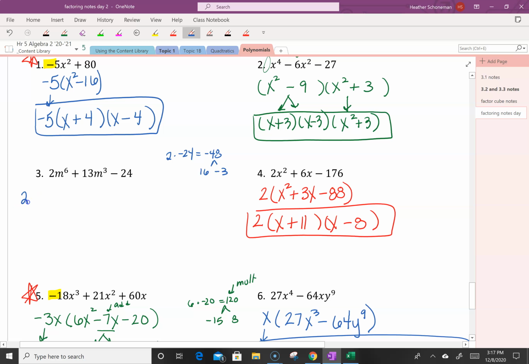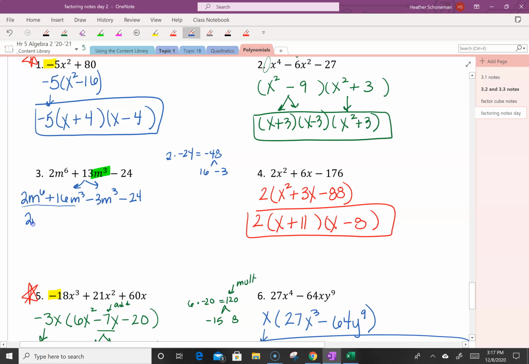So I'm going to rewrite this as 2m to the 6th plus, now I'm going to split this. Now normally I just do 16m, but it's got to match that. So I can't do m, I have to do 16m cubed minus 3m cubed minus 24. Now I'm going to factor by grouping.